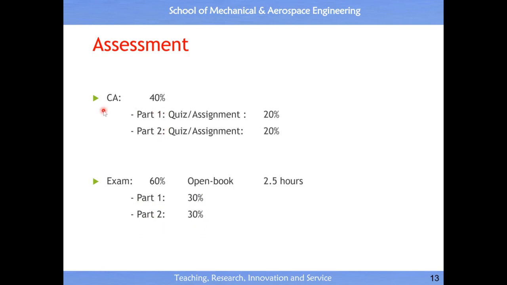In terms of CA, it could be in the form of a quiz or assignment or a combination of both. We will make an announcement to you about the specific way of doing continuous assessment. So this slide basically shows you the components of assessment in terms of CA and the final exam.